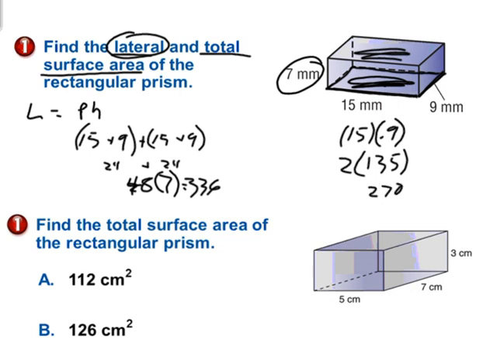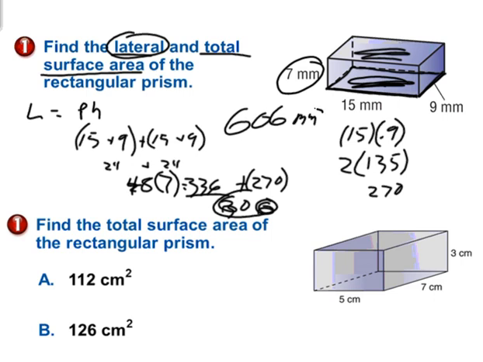So the total surface area would be 336 plus 270, which is 606 millimeters squared. That is the surface area of that entire shape. Well, let's look at the next one.